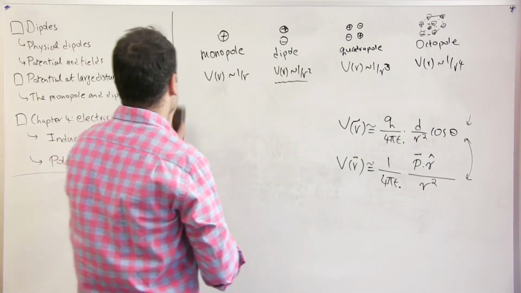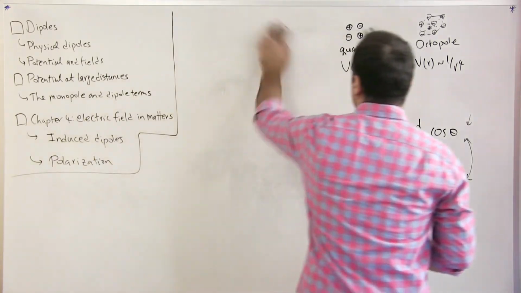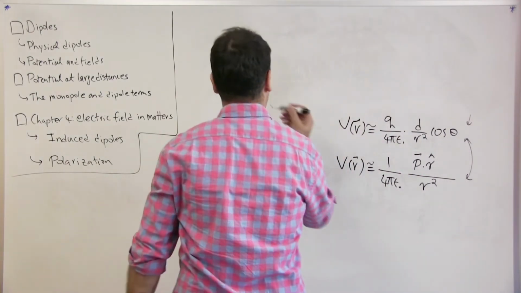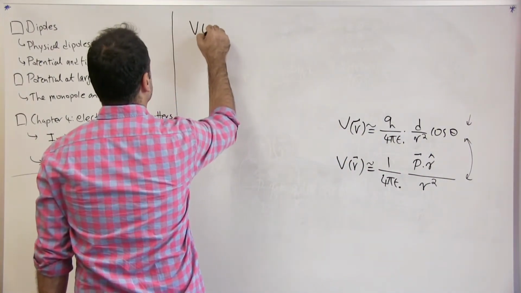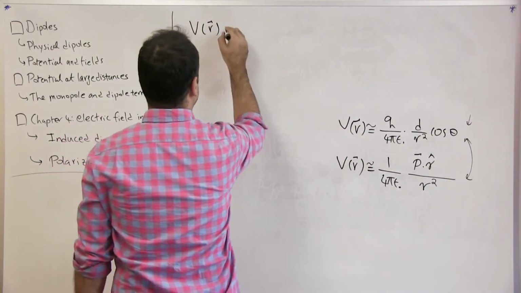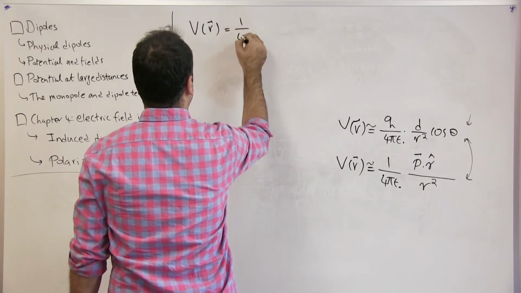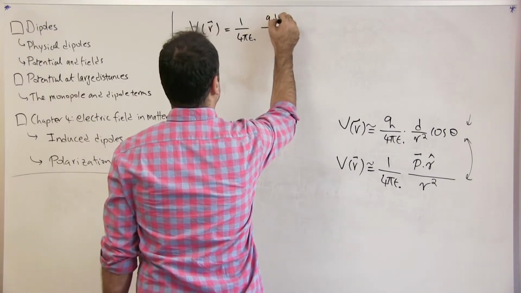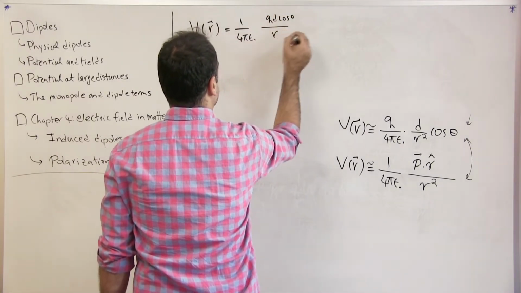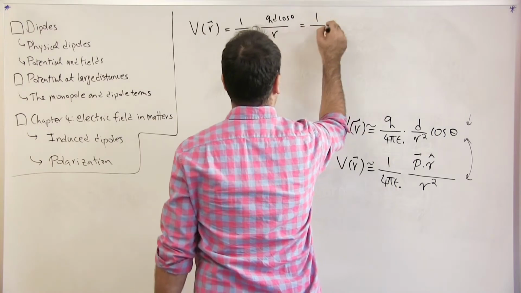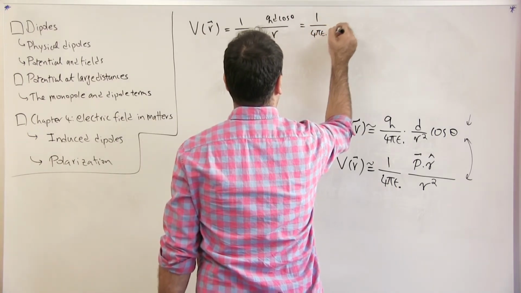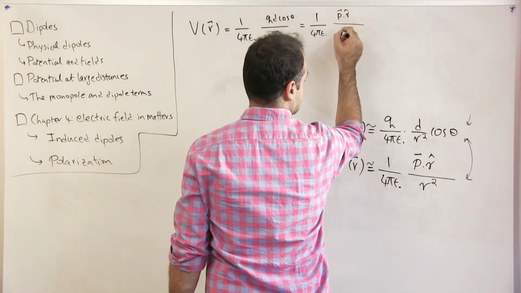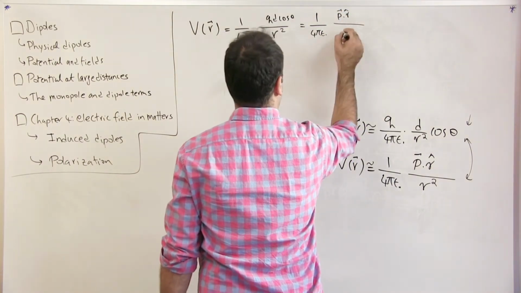Okay, so the potential of a dipole, V of R, I'm just rewriting that one, is 1 over 4 pi epsilon 0 times Q d cosine theta divided by R squared, which is equal to 1 over 4 pi epsilon 0 times P dot R hat over R squared.